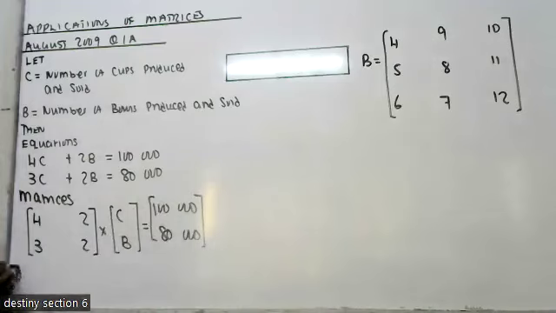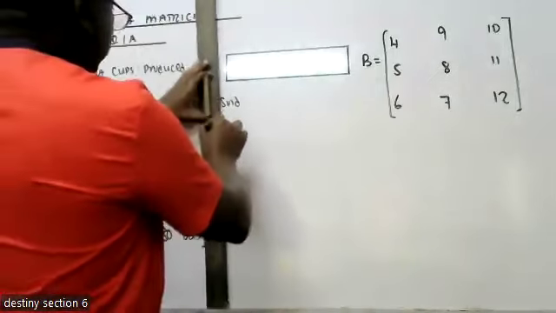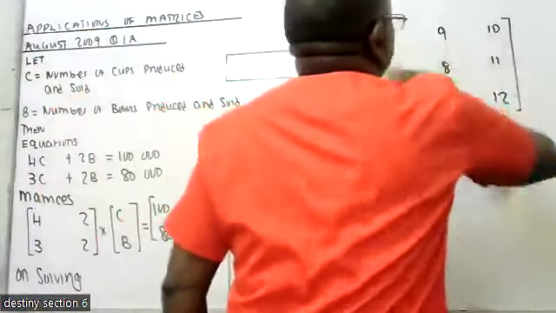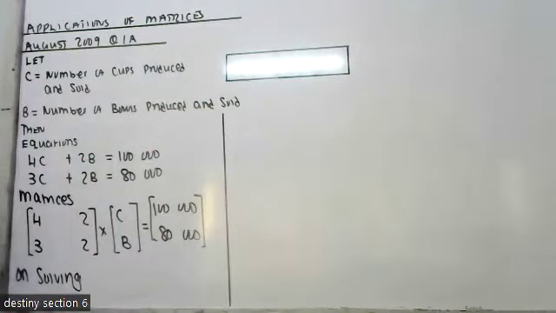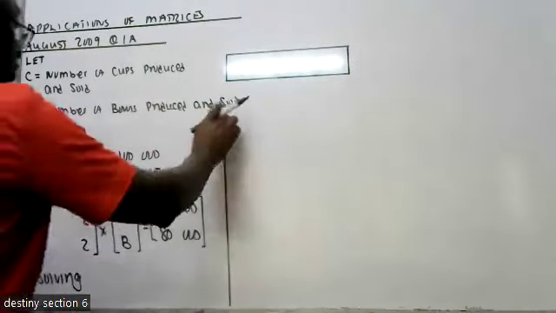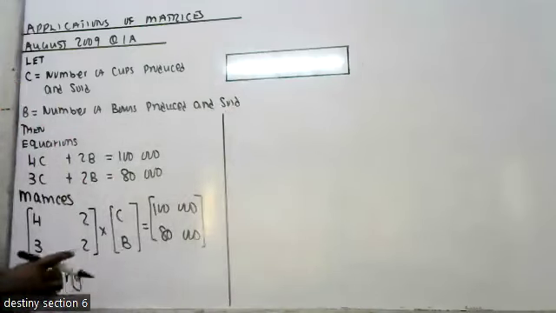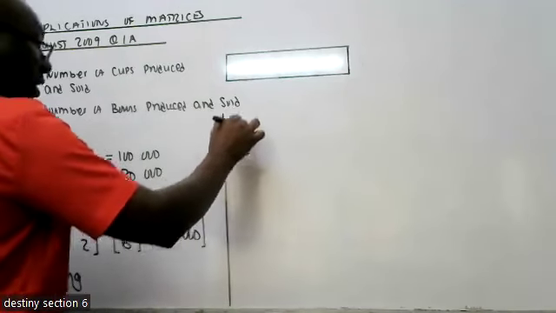Then you proceed to solve. What you do, you make this to be left on its own with the subject of the formula, CB.